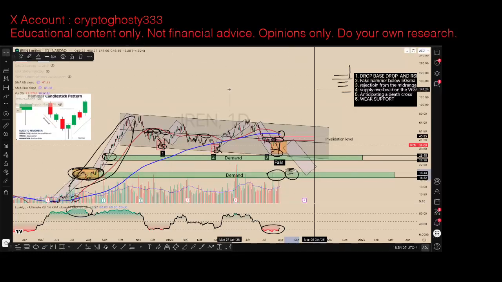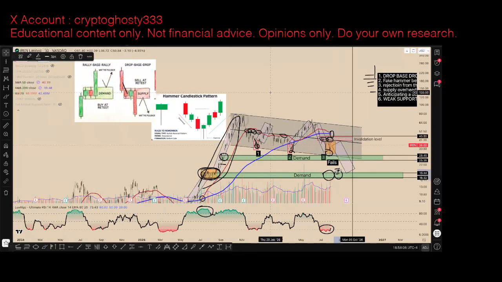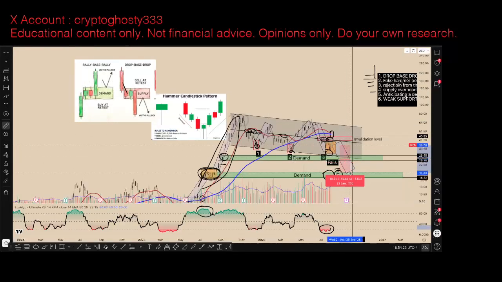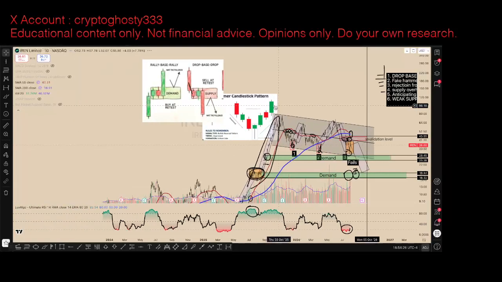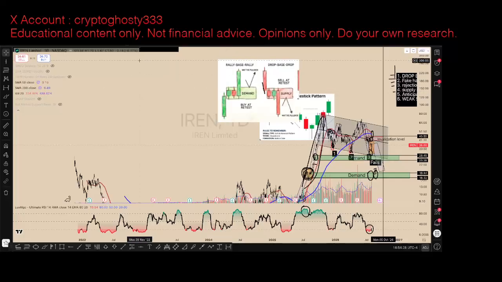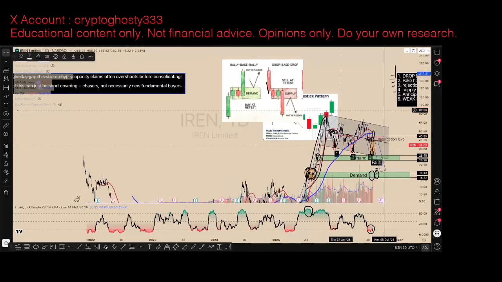And now that we've covered all of the technical factors that are giving me much more probability to the downside, remember, we could fall easily 30, 40 to 50% from current prices, right? And I know it's really hard for a lot of people to digest.